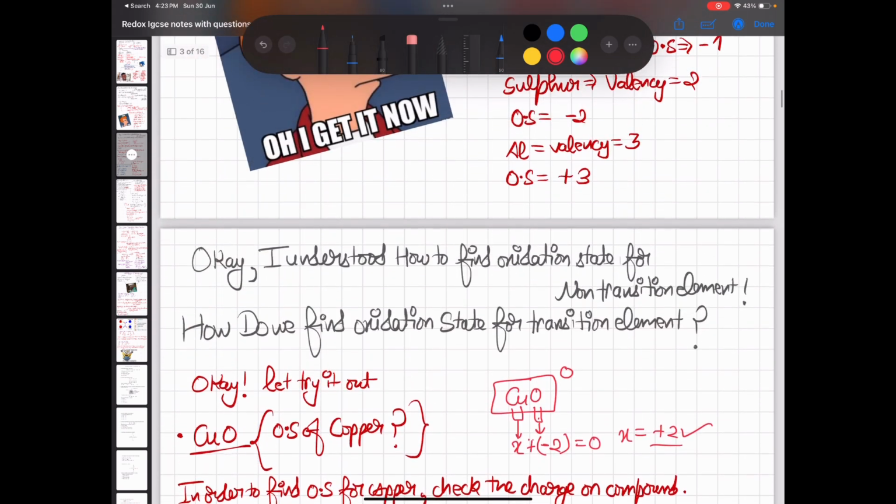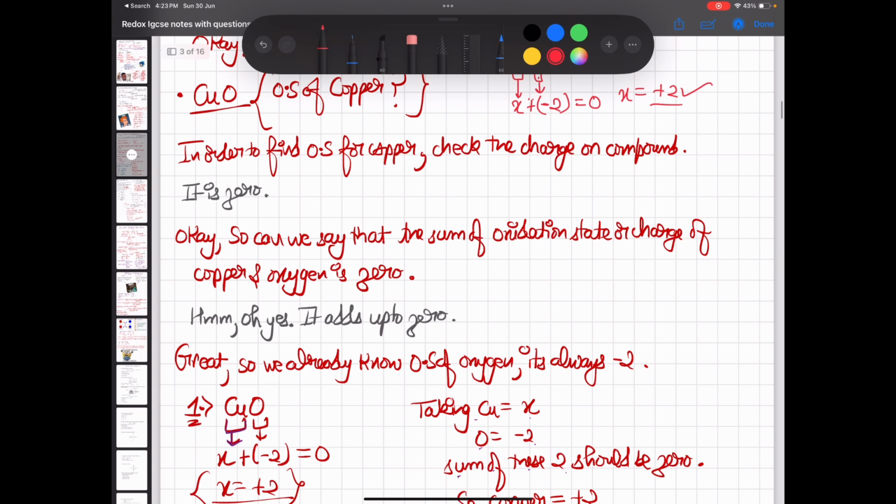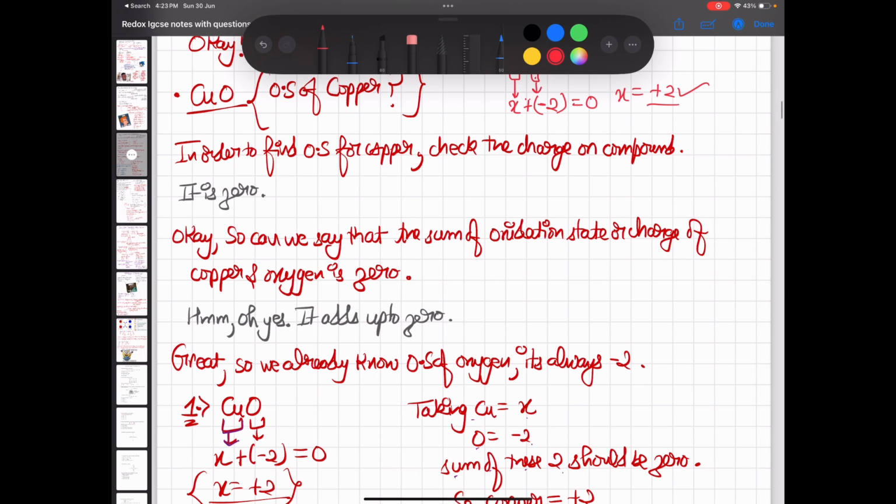Let's try some other examples. Cu2O3. I have to find the oxidation state of copper here. Fine. Now, this topic is very easy. Follow the steps. First step is you have to figure out what is the total charge on this compound.